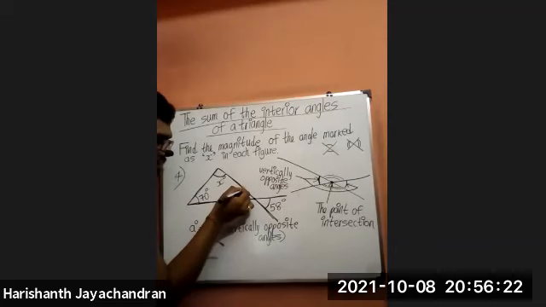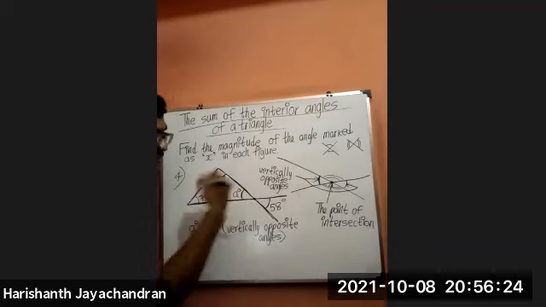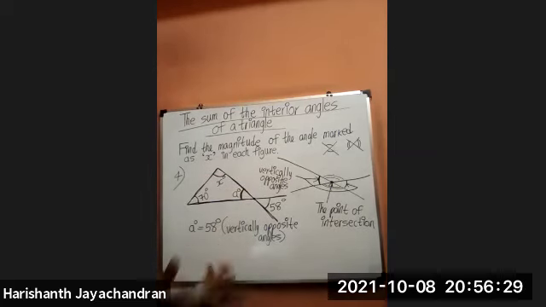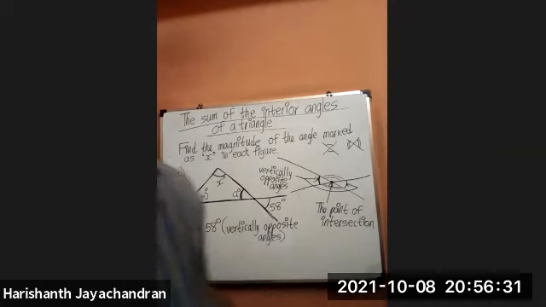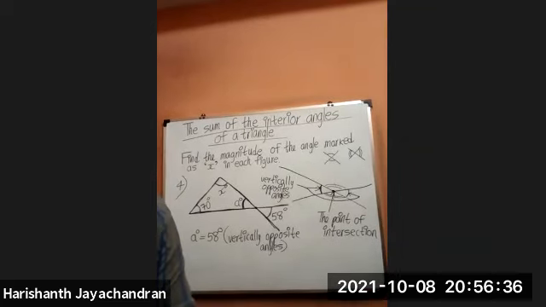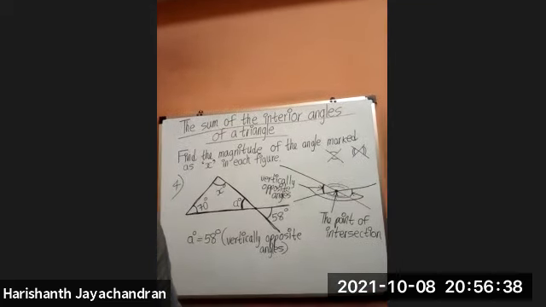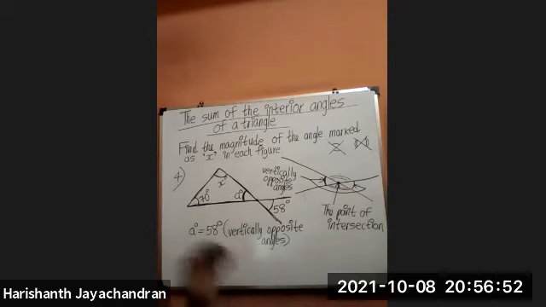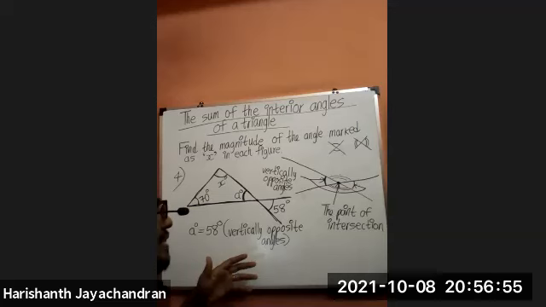You know the value of this angle. You know the values of the other two interior angles. So by using this, you can find the value of X, because we have studied that the interior angles of a triangle add up to 180 degrees.